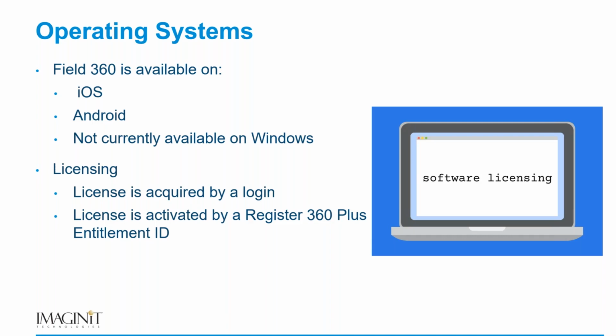What we can do is take the iPad or iPhone or Android device, and simply log in before we leave the office, before we leave our home, or, if you forget one of those, stop at a Starbucks on your way, connect to their Wi-Fi, and go ahead and pull the license. That license is going to be good for about 30 days. Once you hit that 30-day mark, if you still have not connected your license for Field 360 to the internet, then it automatically logs you out of the app, and you would need to have a connection to reacquire the license.